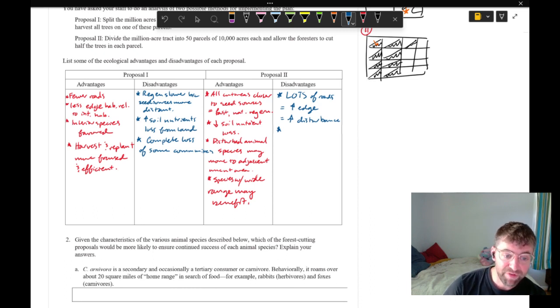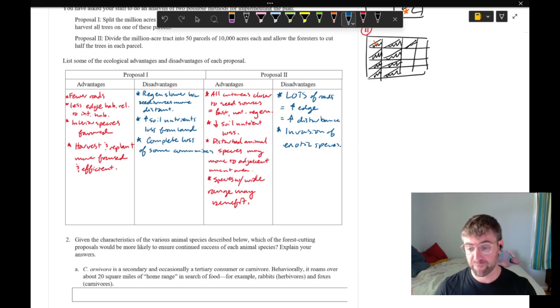The result may be invasion of more exotic species. So we talked about those animals with a wide range and opening these lanes for them to move around more easily. That can also work to their detriment by making it easier for species that would normally not be able to move around in this area to get in.